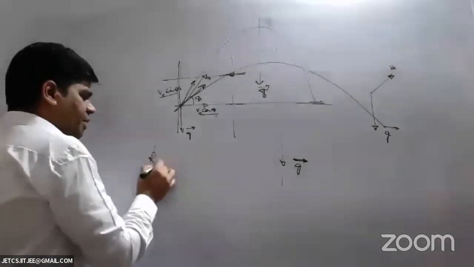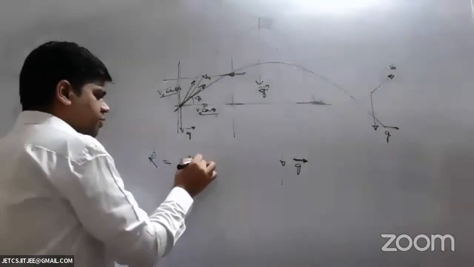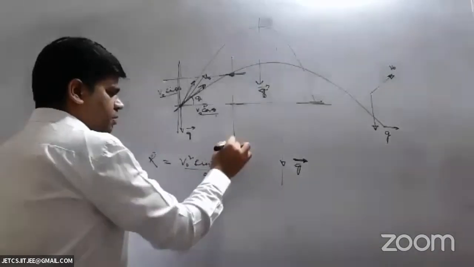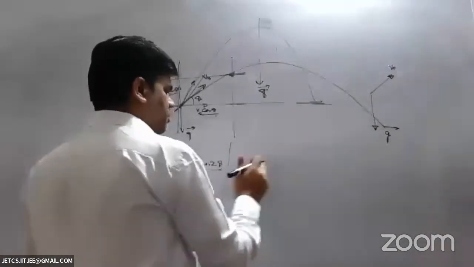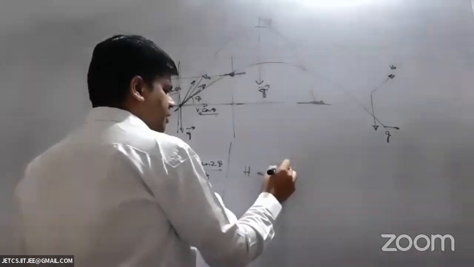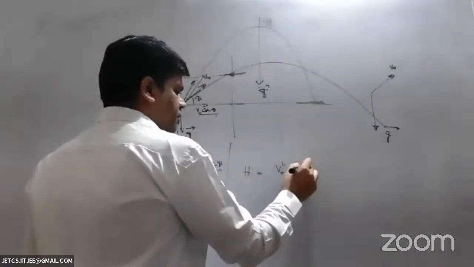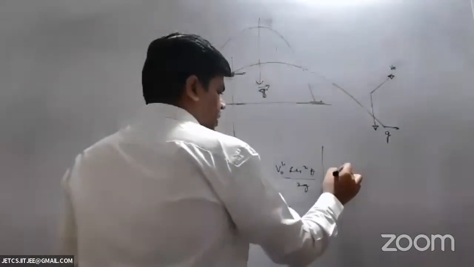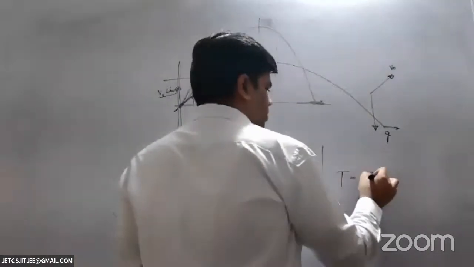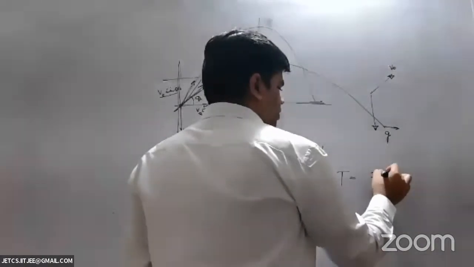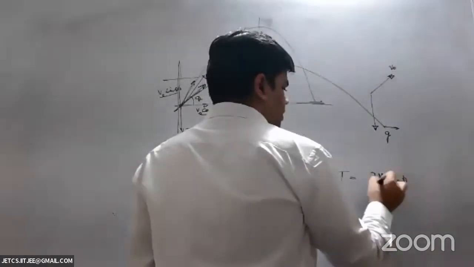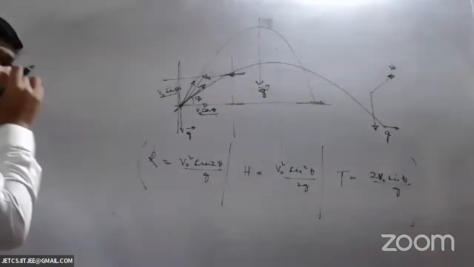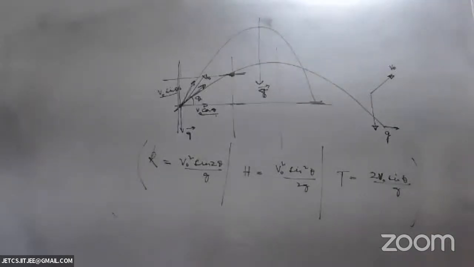The range over here is given by v naught square sin 2 theta by g. Maximum height is given by v naught square sin square theta by 2g. Time of flight is given by 2 v naught sin theta by g. So these are the three parameters which give me the complete information about the parabola.